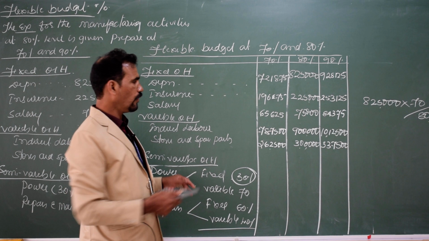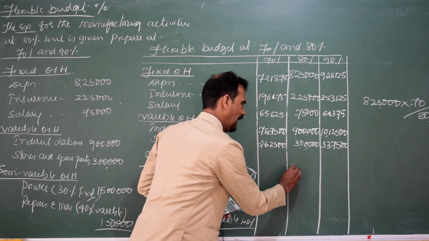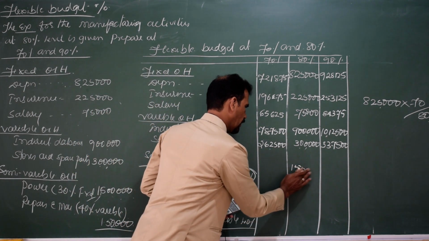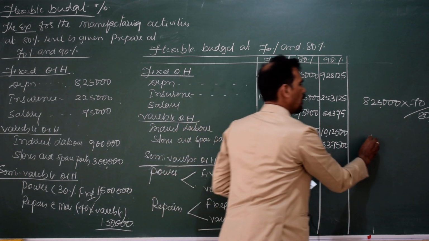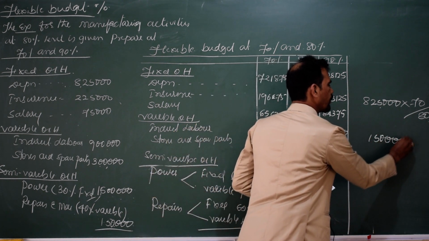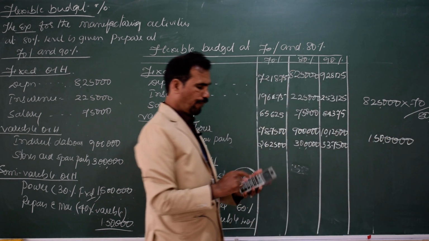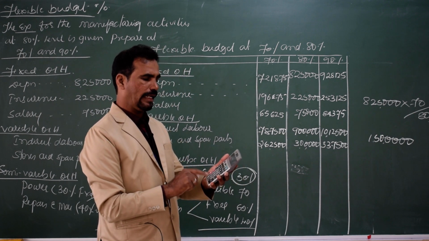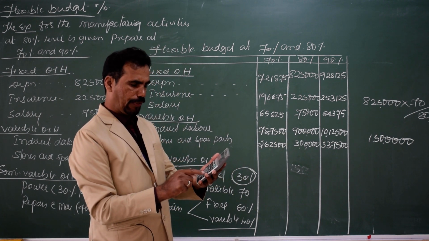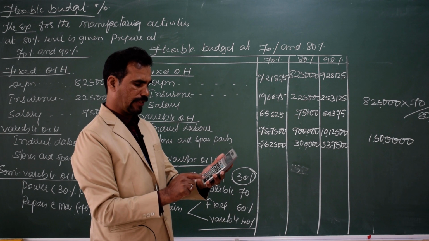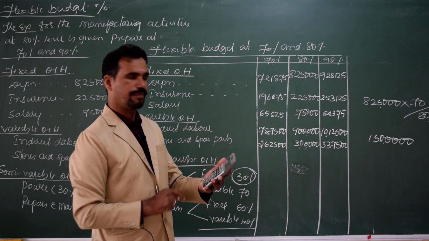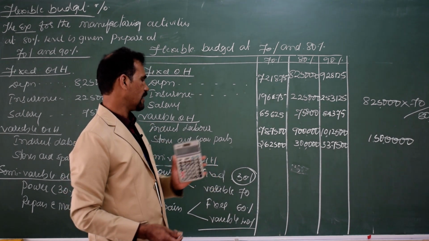Power, actual amount at the base level is 15 lakh rupees, you can write that first. Out of 15 lakh, first take 15 lakh into 30% fixed, and 4,50,000 is the answer.